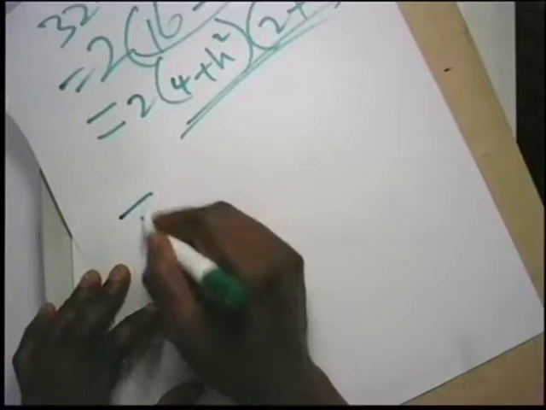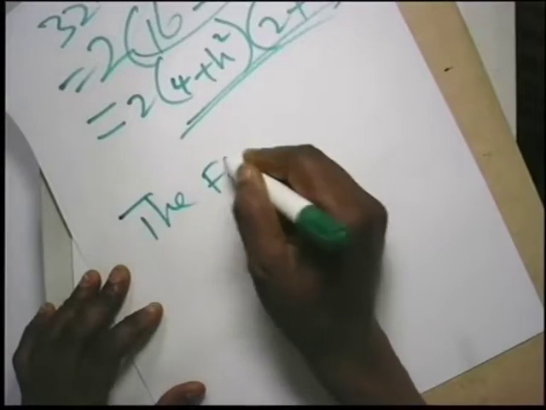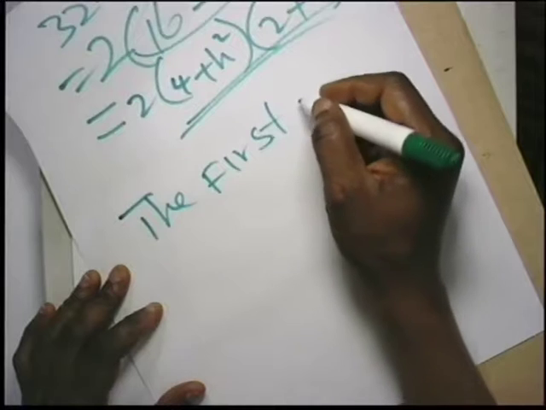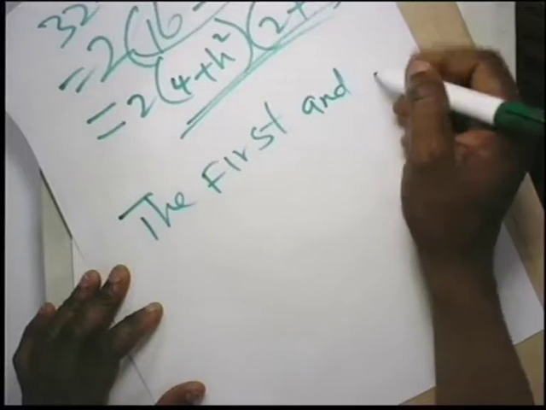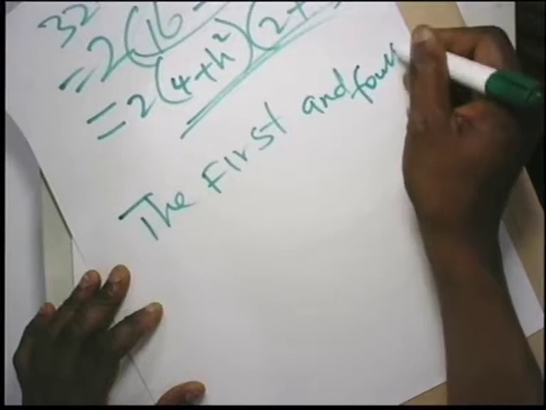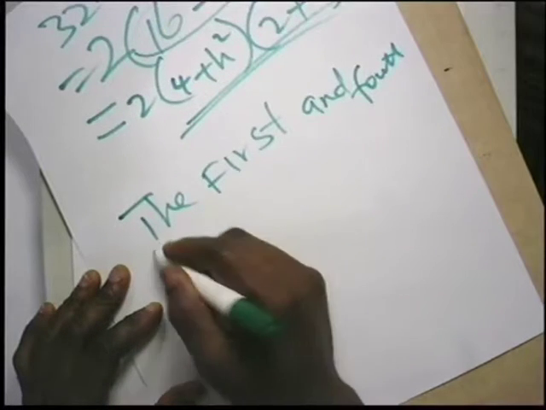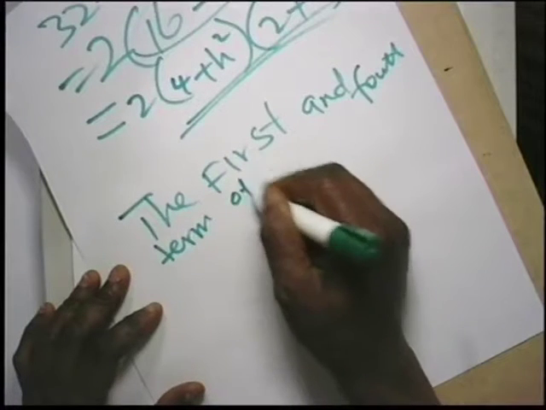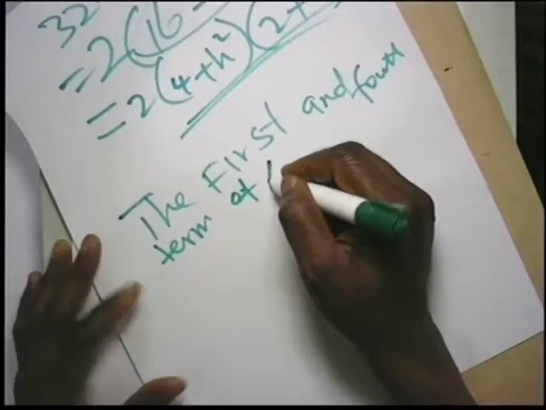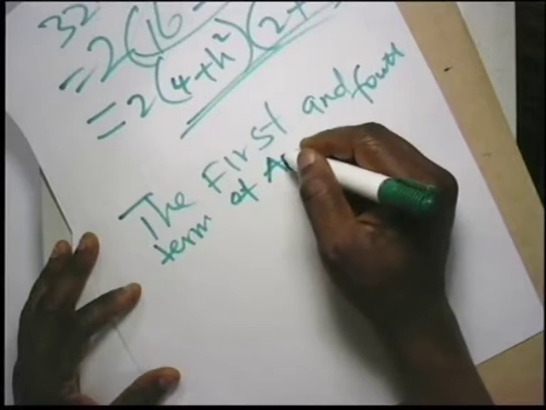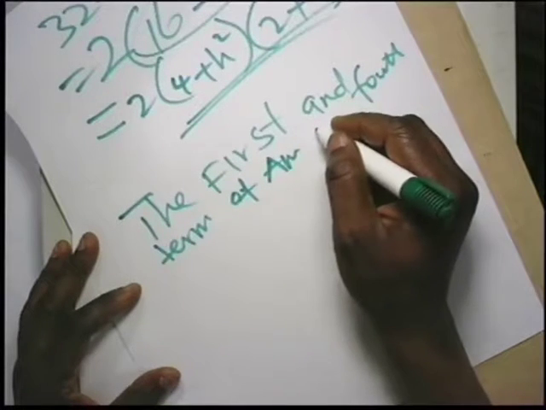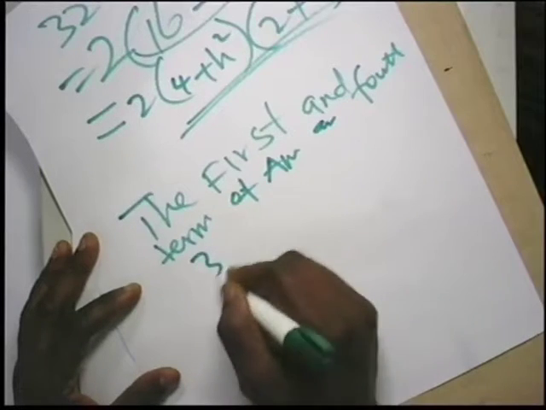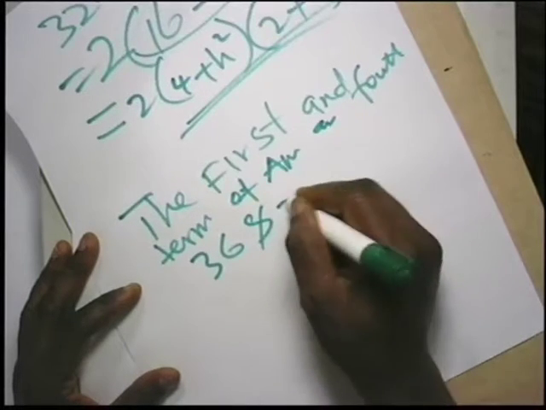Yeah. Look at this question now. Let's do it together. The first and fourth terms of an arithmetic sequence are 36 and 21.